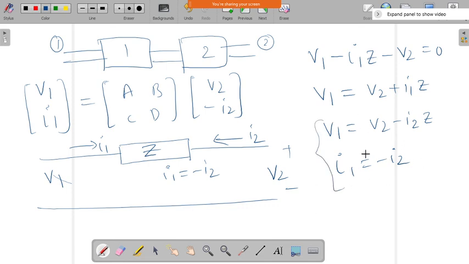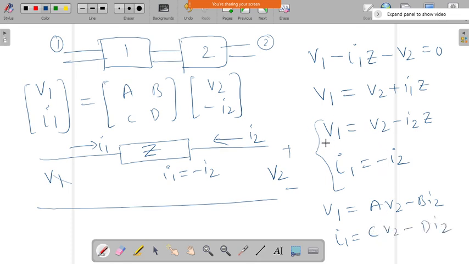So these are the two equations where we can obtain the ABCD parameters of this. Compare the equations. The actual expressions are V1 equal to A into V2 minus B into I2, and similarly I1 equal to C into V2 minus D into I2.